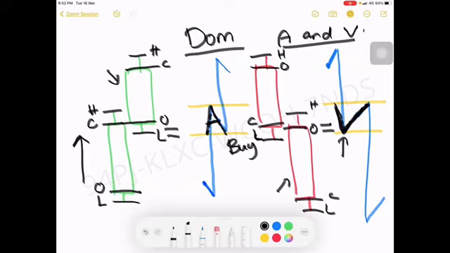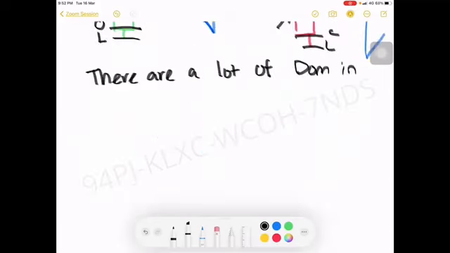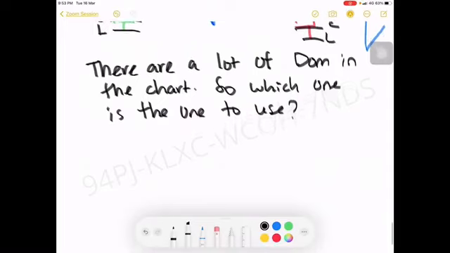So this V is for sell, like in the chart. So which one is the one to use? How do you know which DOM you are going to use? How do you find the DOM?